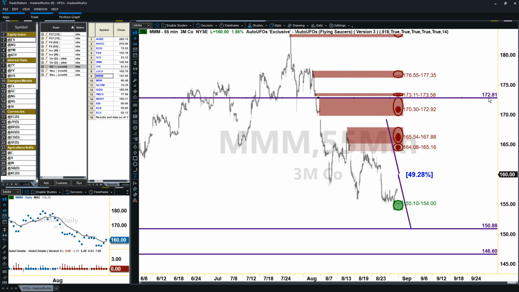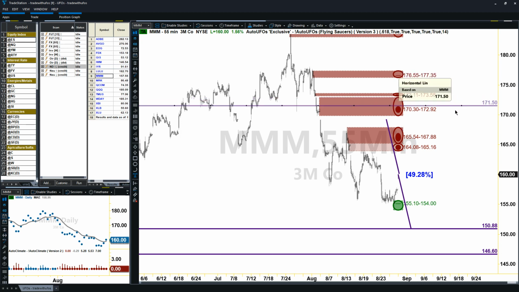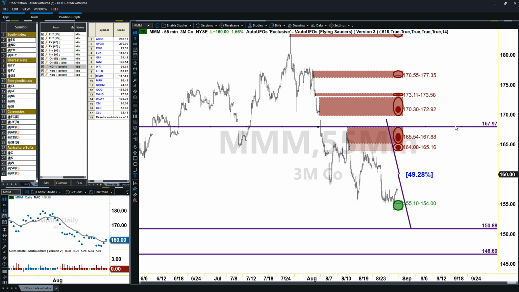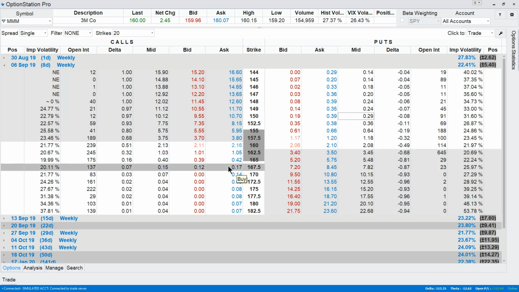That UFO 172, which is certainly more than 165, okay? So, I mean, if I use this one, I can use this one too, but then I am not equal distance. So let me see how much I get paid for the 167.5. I get paid only 15 anyway, so September 6th is not gonna work.